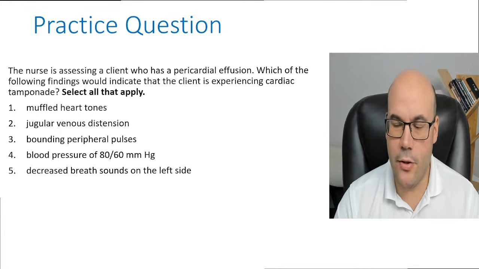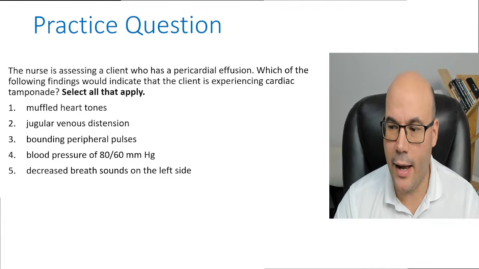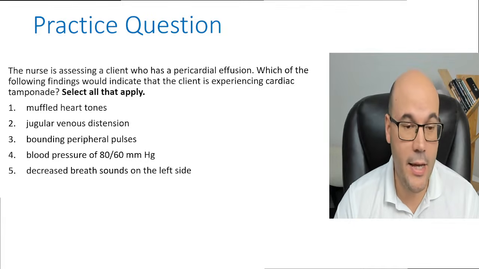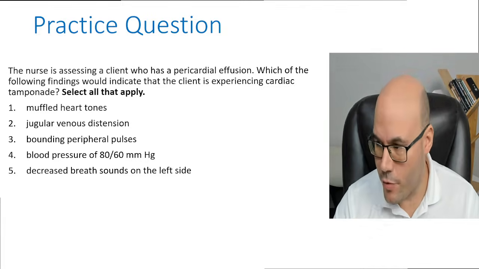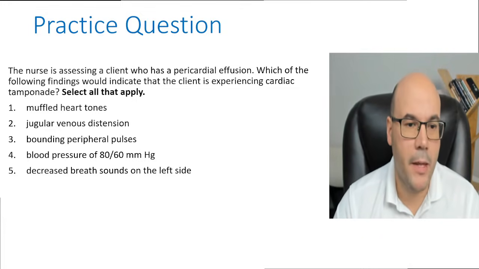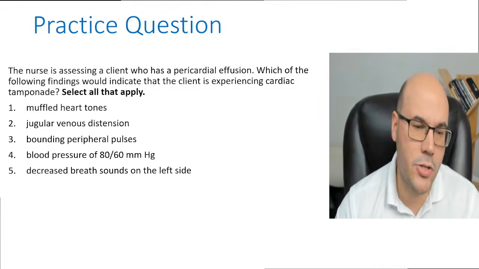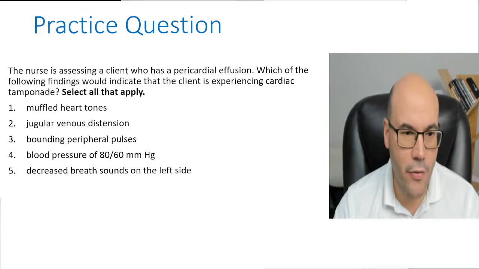You have 5 options to identify which of these 5 options are symptoms of a patient with cardiac tamponade. I will be giving the answer to this question at the end of the video.